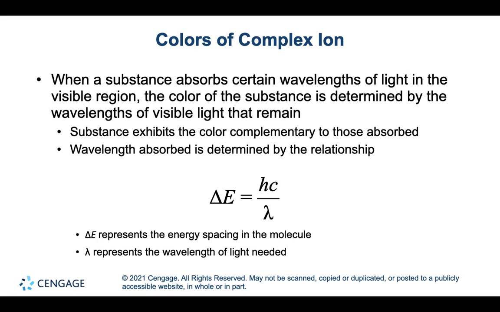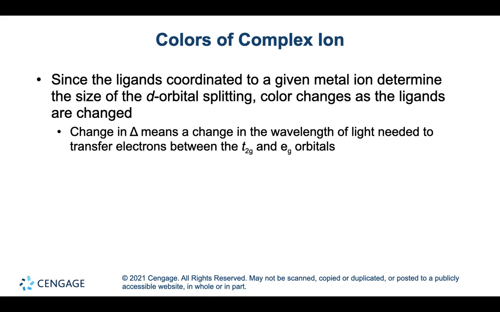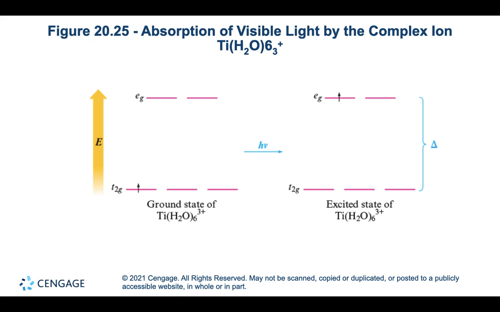And so the larger the energy splitting, like a strong field case, you're going to have a smaller wavelength that's going to be absorbed. Now, you won't see that color. You'll see the color that's complementary to the absorbed color. The color then will change as you change ligands. Different ligands will split that energy different amounts, and so you'll get different colors depending on what ligand you have and whether it's a strong field or a weak field ligand.